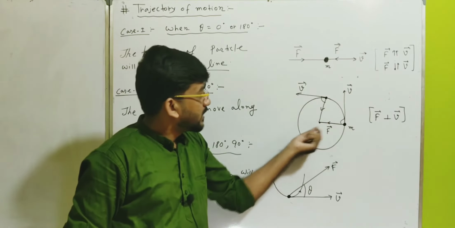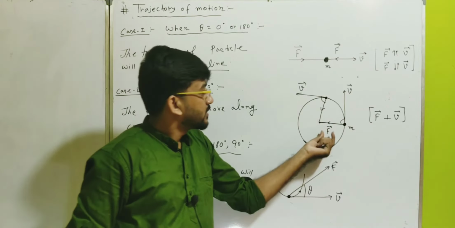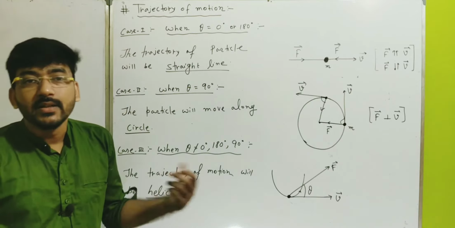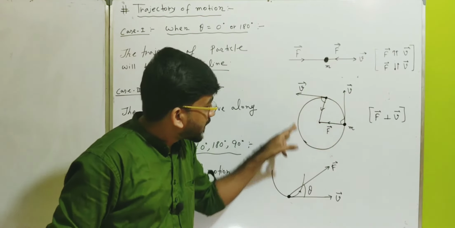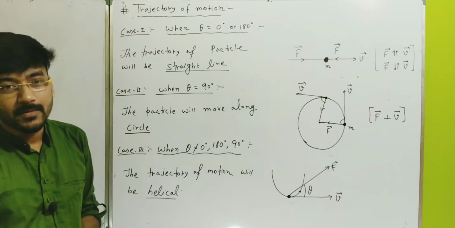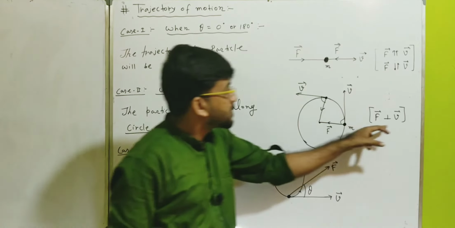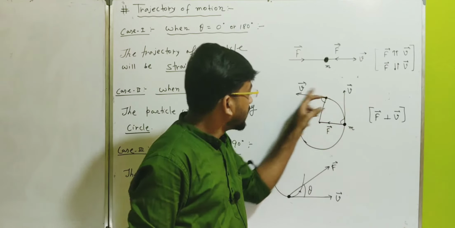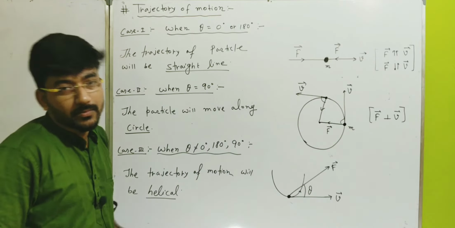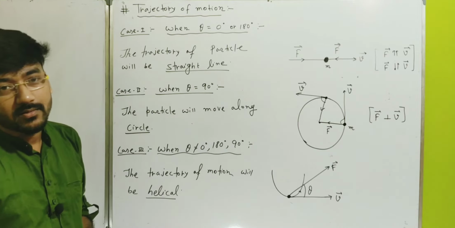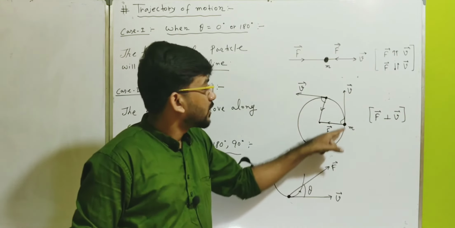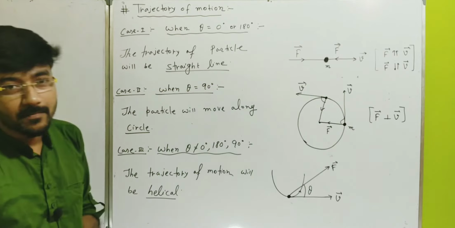We will discuss in circular motion that this is the centripetal force necessary to hold the particle in this circular path. So when F is perpendicular to V, the particle will move along a circle, and the trajectory or locus of the particle is a circle.